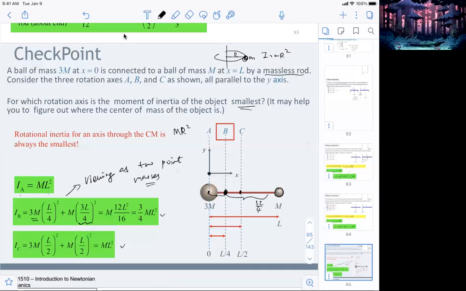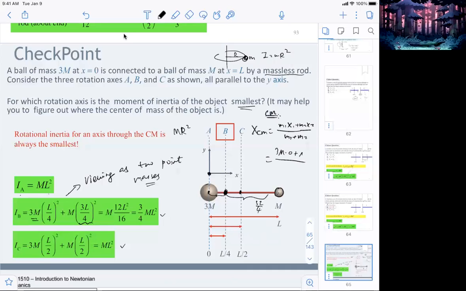You could also calculate the location of the center of the mass. You still remember how to do the center of mass: mass 1 times location of 1, plus mass 2 times location of 2, divided by mass 1 plus mass 2. Mass 1 is this 3m, located at x equals 0.